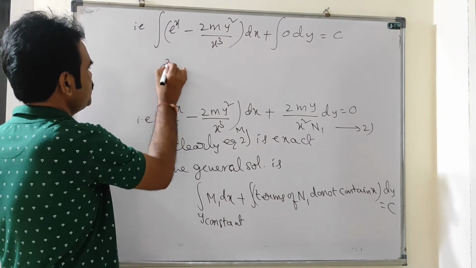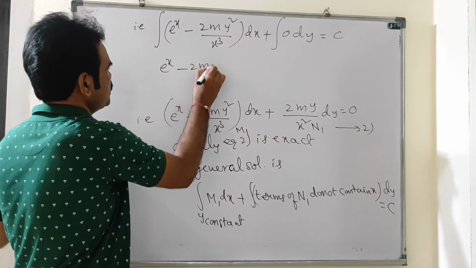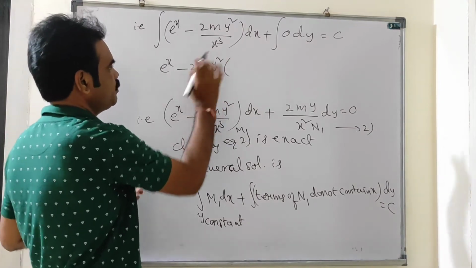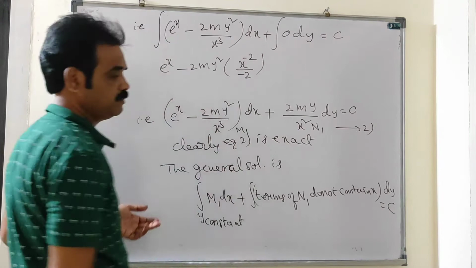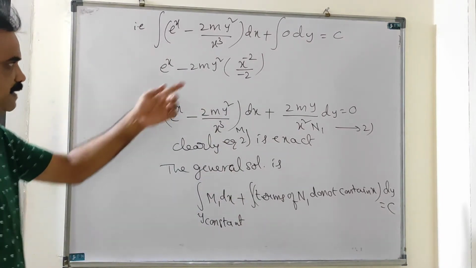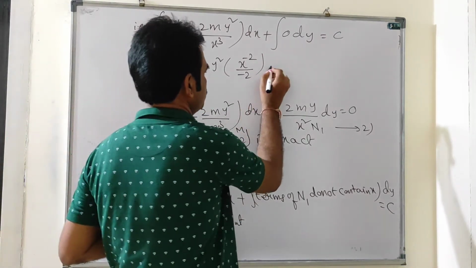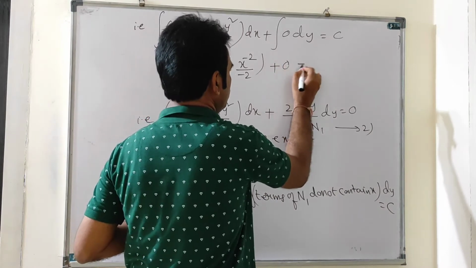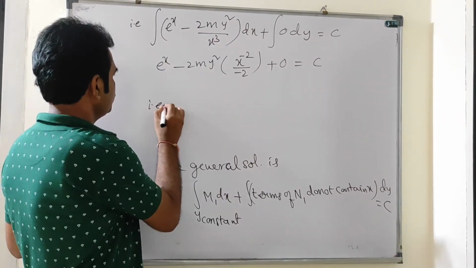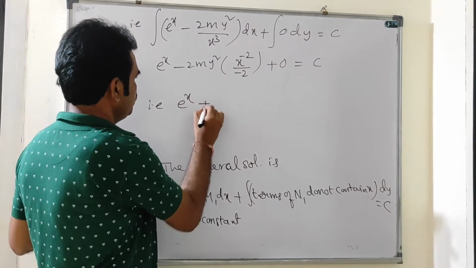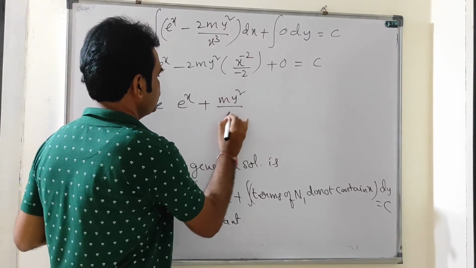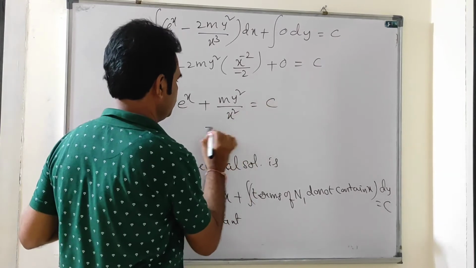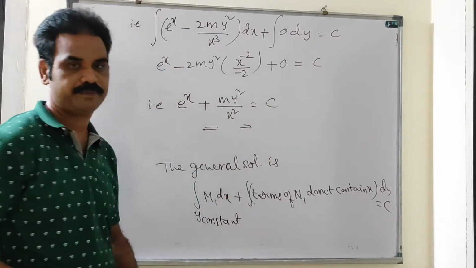Integration of e power x is e power x, minus 2m y square times the integral of x power minus 3, which is x power minus 2 by minus 2, plus integral 0 dy, which is 0. That is e power x plus m y square by x square is equal to c. This is the required solution.